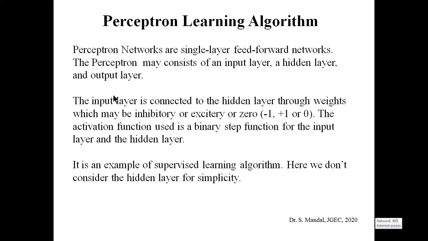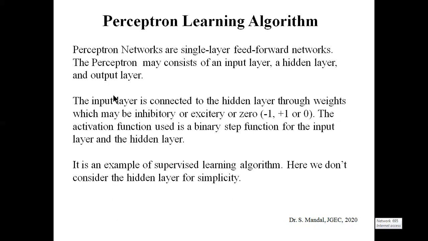So the perceptron network may consist of an input layer, a hidden layer, and an output layer. But for simplicity, and to understand the perceptron learning algorithm more easily, we don't consider the hidden layer in this class.